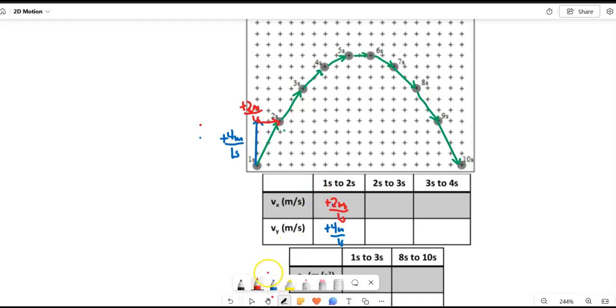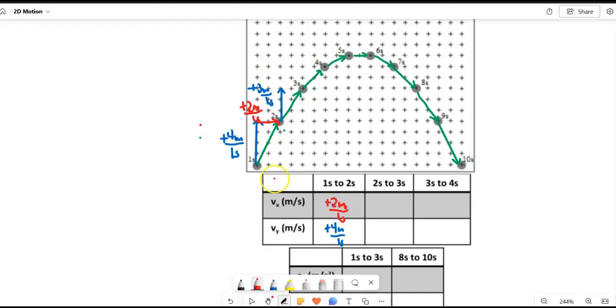All right, now let's go up and let's do this again. From 2 to 3 seconds, it goes from here to here. So that's going to be positive 3 meters over the period of 1 second.